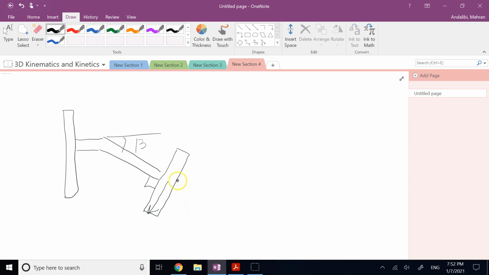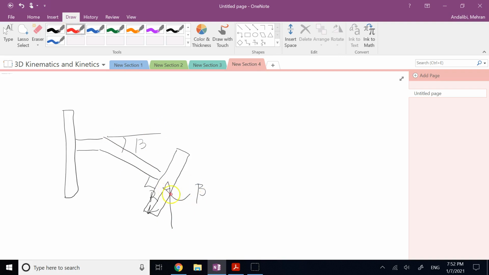In order to project this vector, you need this angle. Magnitude of it is r. What's that angle? Since this is vertical, perpendicular to horizontal, these two are perpendicular to each other, so this angle is also beta.